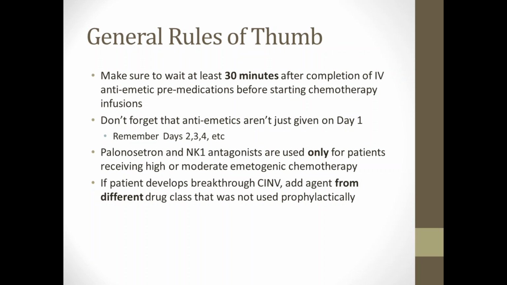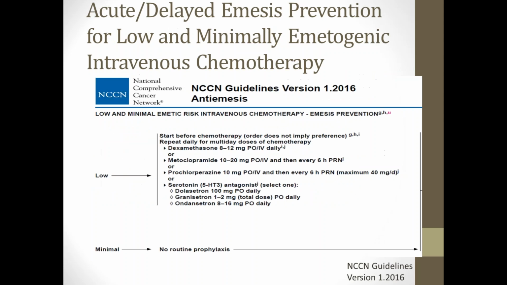Palonosetron or Aloxi and the neurokinin-1 antagonists are only to be used in patients that are receiving highly or moderately emetogenic chemotherapy regimens. Again, if you go back to your low category, you can just give these patients merely a corticosteroid or just Zofran.